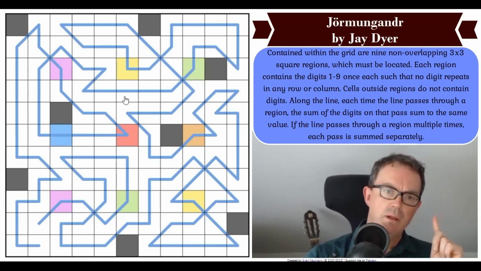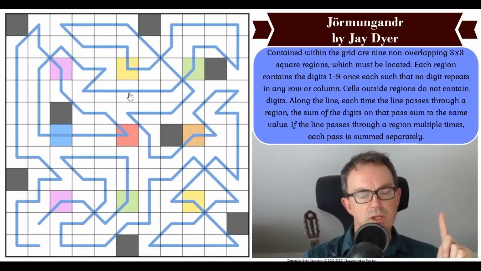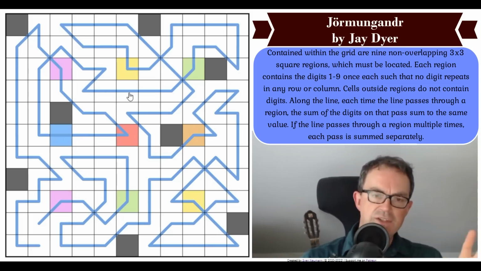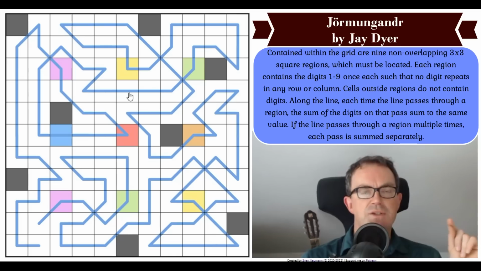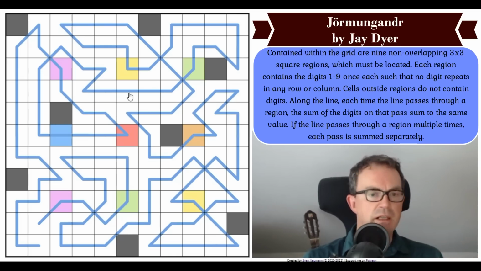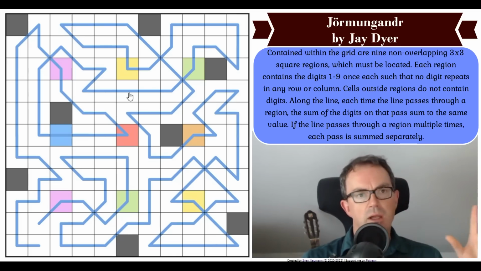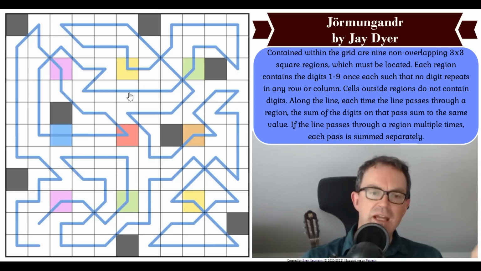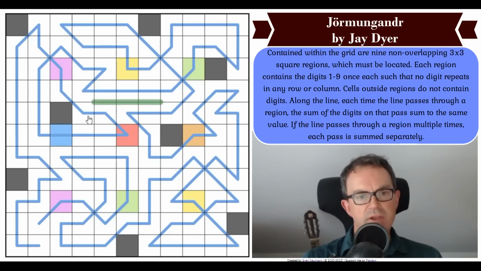Okay. Here is an interesting question. Let's imagine that 9 is the number, and we're hunting for this 3x3 box in the puzzle that is completely covered in line. Then how do you ever get to the middle digit of that box?